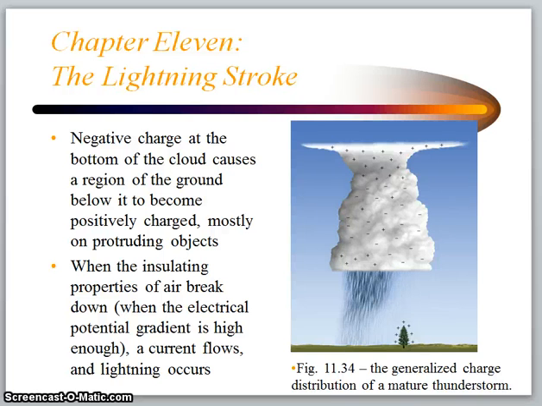And of course, the discharge that you see visibly is called the lightning stroke. A negative charge at the bottom of the cloud causes a region of the ground below it to become positively charged, mostly on lone protruding objects like a power pole or a tree. And when the insulating properties of air break down, meaning when the electrical potential gradient is high enough, a current flows and lightning occurs. Here's an example of the charge distribution associated with a mature thunderstorm.